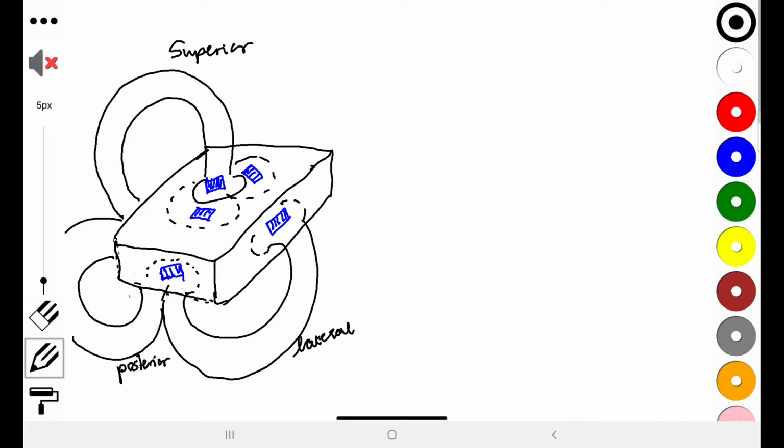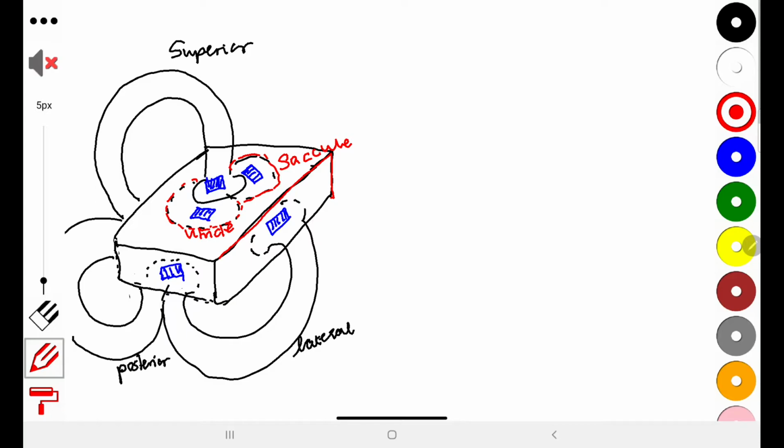So if we look at the diagram that we have here, we have a vestibule that is a bony structure, and then it has membrane structures that are known as the utricle and the saccule.